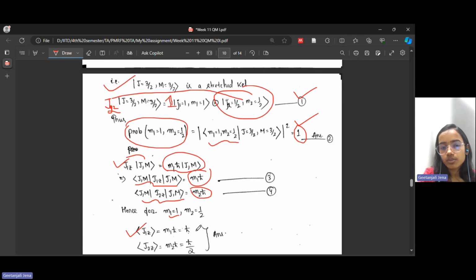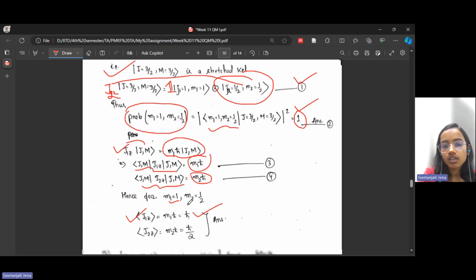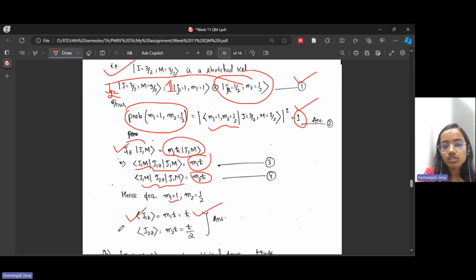So you will get h-bar for the expectation value of J1Z. For M2 equal to half, the expectation value of J2Z will be h-bar by 2. So this will be the answer for the expectation values of J1Z and J2Z.